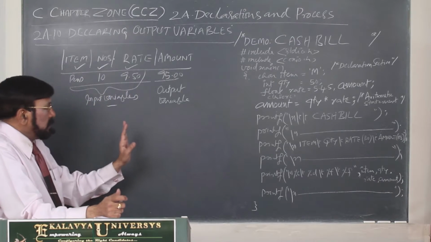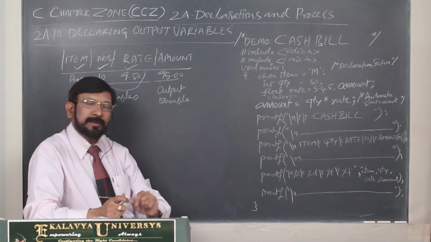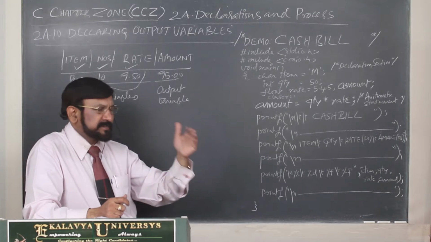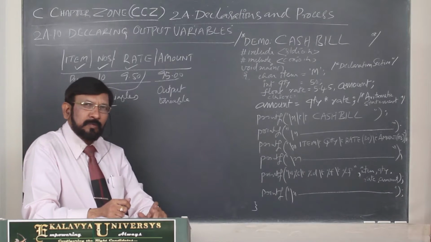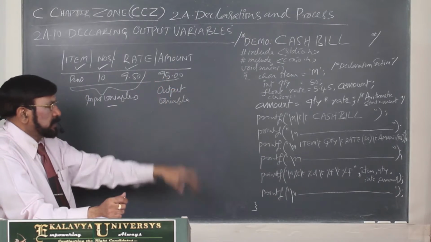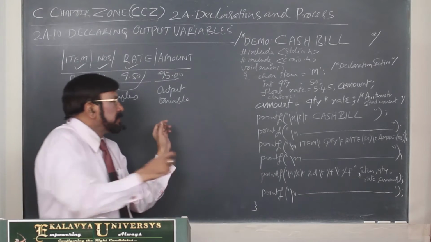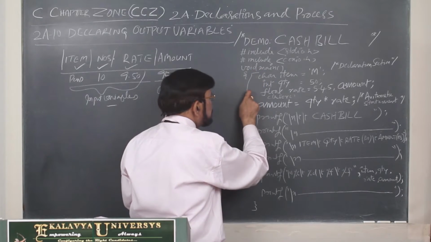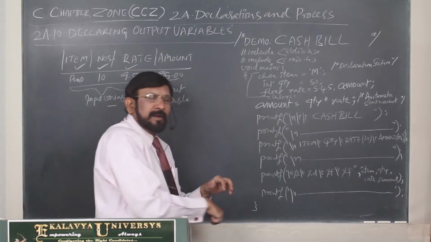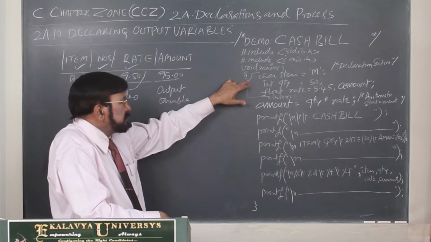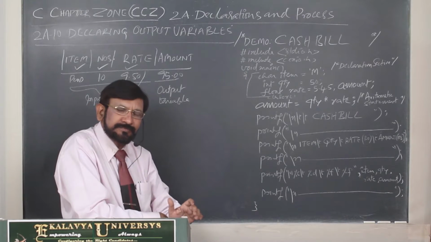So now in order to write the cash bill, what is the initial step required? We have to create an output variable. In this context, once again I am telling you, this part is called the declaration section. The declaration section starts immediately after the opening brace.